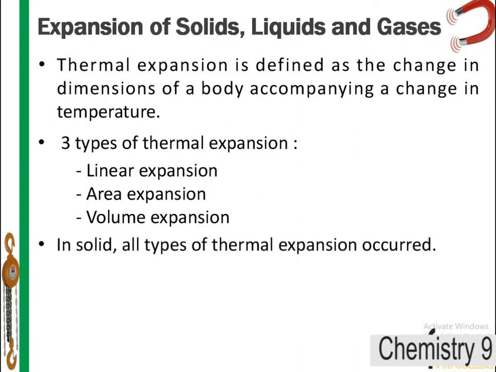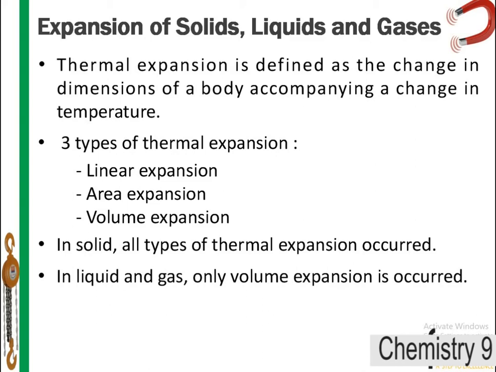When we talk about expansions in solids, then we really are talking about all 3 of these. So in a solid, all of these 3 types of thermal expansion can take place. In other words, in a solid, you can get the solid material actually expanding in a linear manner. You can get the area of the material expanding, and you can get the volume of the material expanding.